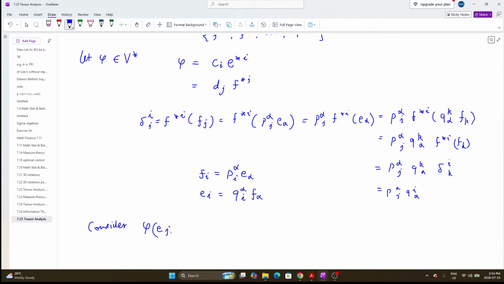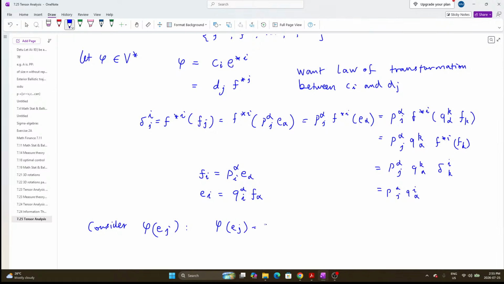I want the law of transformation between Ci and dj. This is what we want, okay? So let's consider phi of ej.